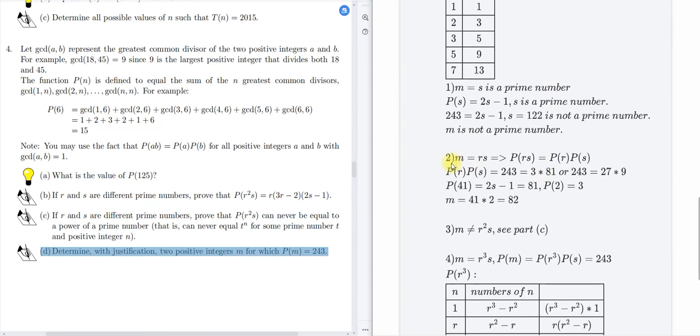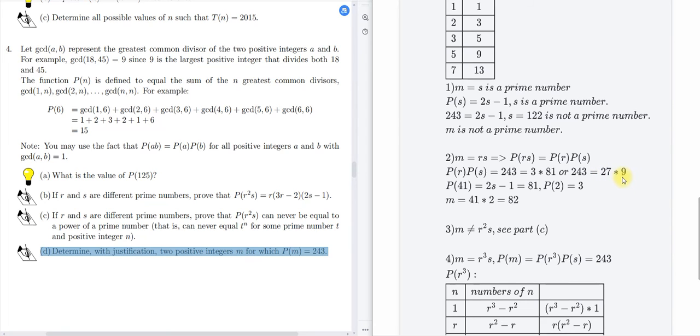Okay, let's try m equals rs, where r and s are prime numbers. That means p rs equals pr multiplied by ps. pr multiplied by ps equals 243. That means either it's 3 multiplied by 81 or 27 multiplied by 9.